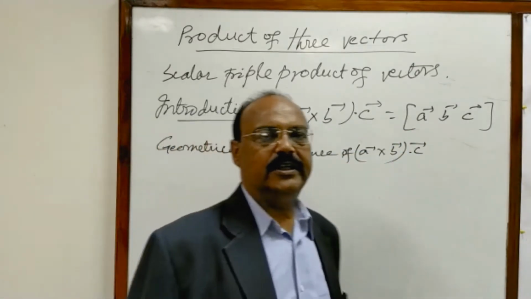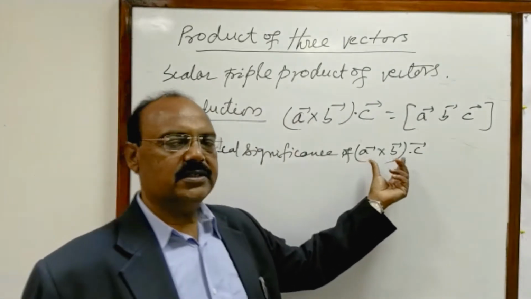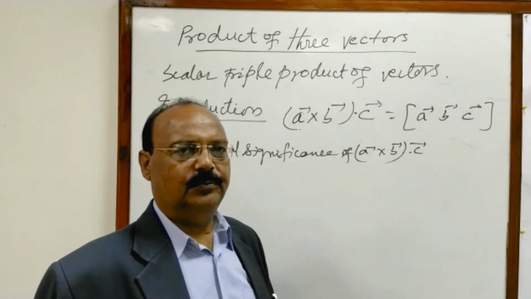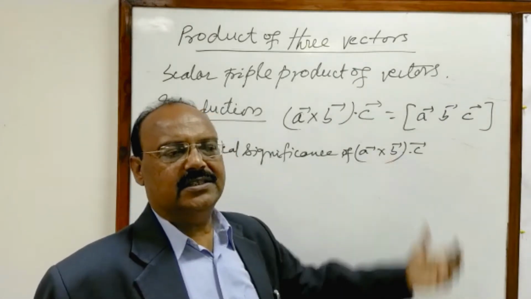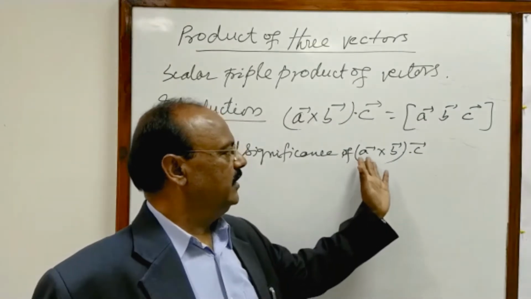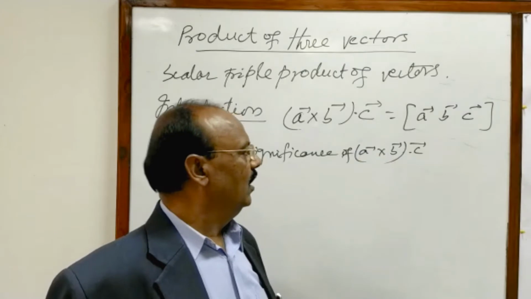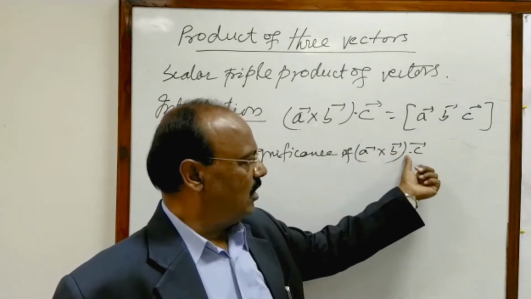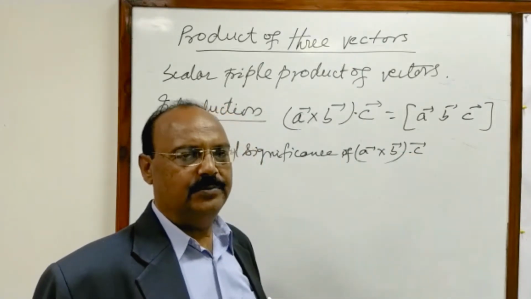So as we have studied in the previous video, A cross B is equal to the area of a parallelogram in which A and B are two adjacent sides of the parallelogram. Then after getting this cross product, we will get the area of the parallelogram, and this area of the parallelogram, dot product with vector C, gives the volume of a parallelepiped.